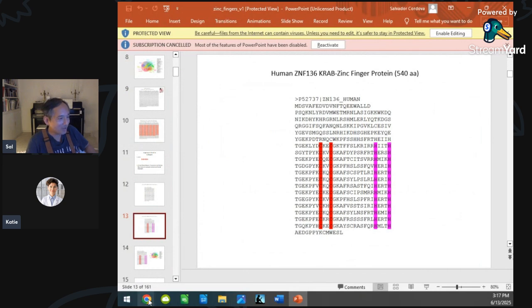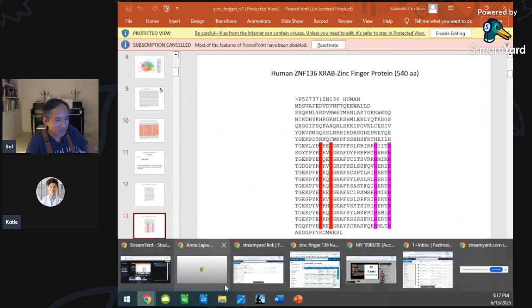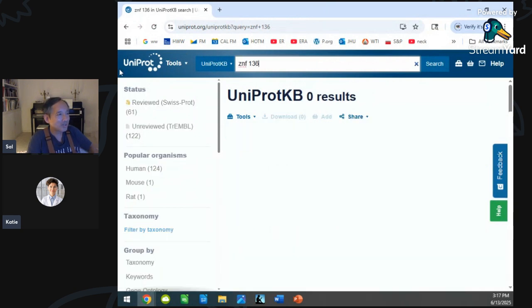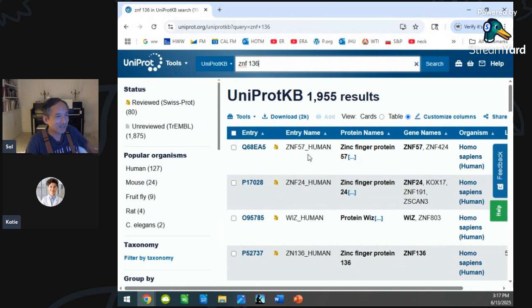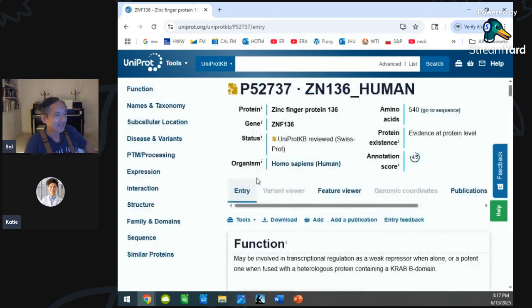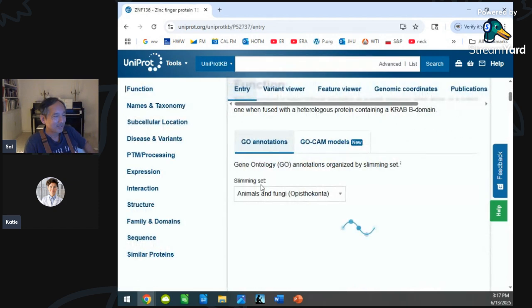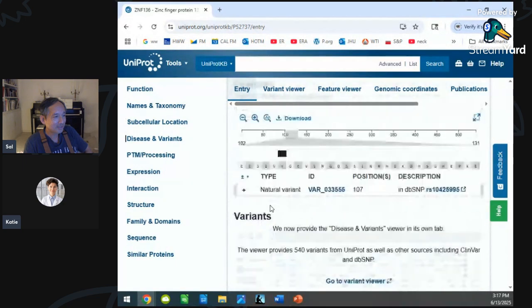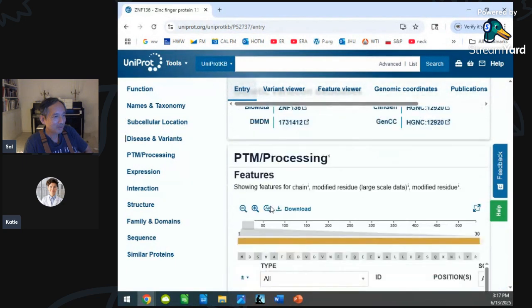ZNF 136. So I'm going to go to the UniProt website, and I'll say ZNF 136. Let's see if we'll find it. ZNF 136. There we go. Okay. And they renumbered it. Okay, so let's look. Here it is.